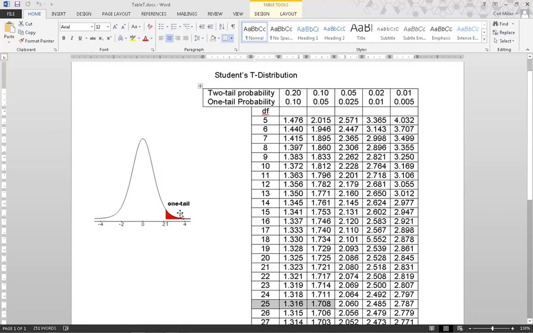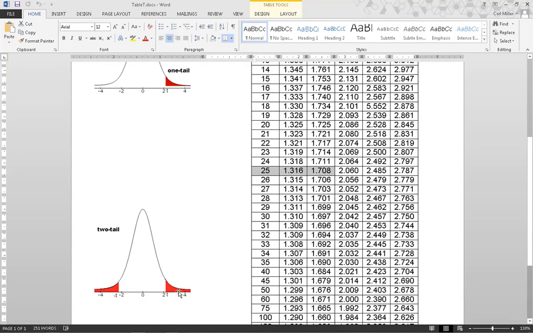So if you're doing the one tail, you have to double it, because remember we want the two tail. So that tells me that the red part, if I were at 1.58, which is between these two columns, the total area in red is somewhere between 0.10 and 0.20.